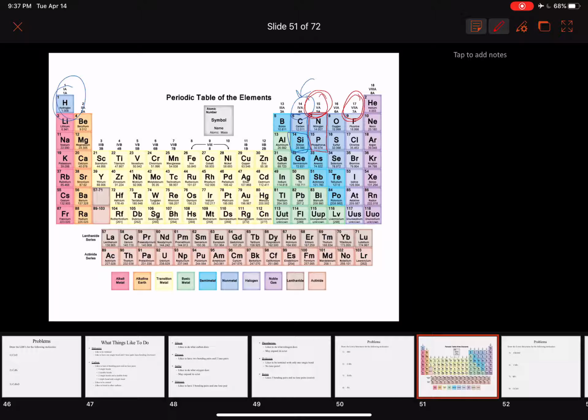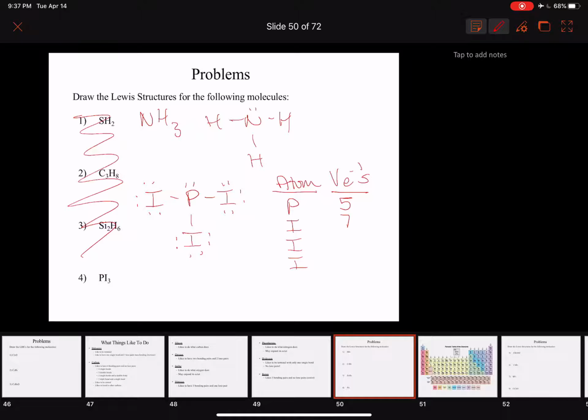Okay, so group 17 or 7A, there's iodine right there. All of our halogens will have 7 valence electrons. So we've got 7, 7, and 7 is 21, plus 5 is 26. So we've got 26 valence electrons to work with.